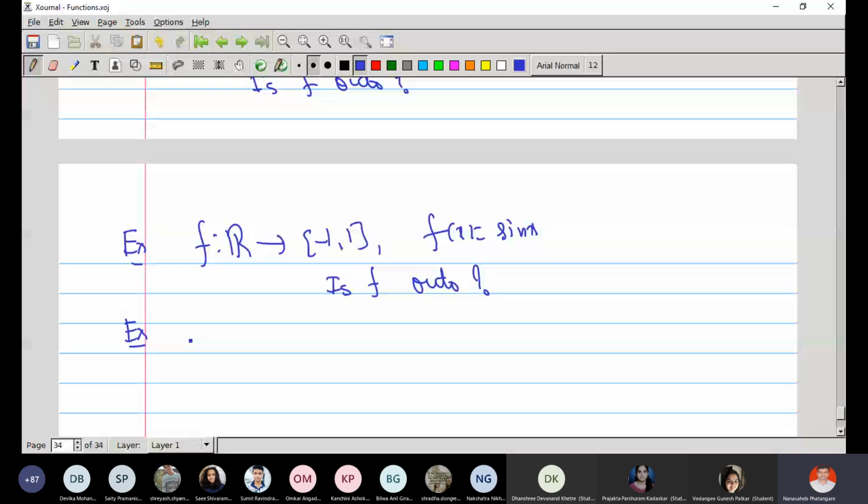Is this function onto? What is your answer?